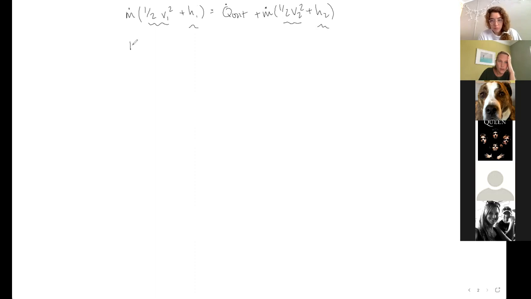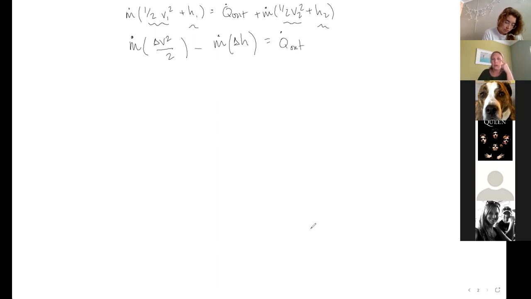And you can get our mass flow rate times our change in velocity squared over 2, minus our mass flow rate times our change in enthalpy is equal to Q out. We can do this because our mass flow rate at point 1 equals our mass flow rate at point 2, so it's the same mass flow rate. That's why we can factor it out and then recombine them.